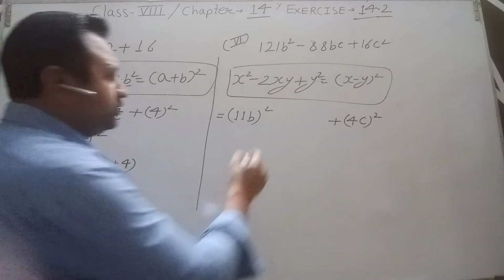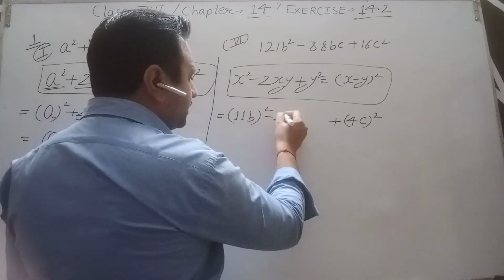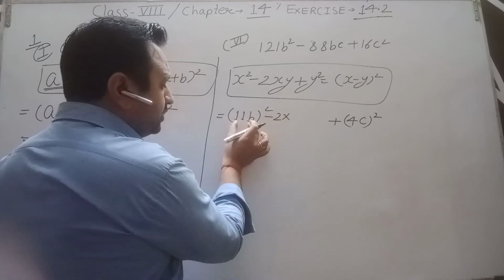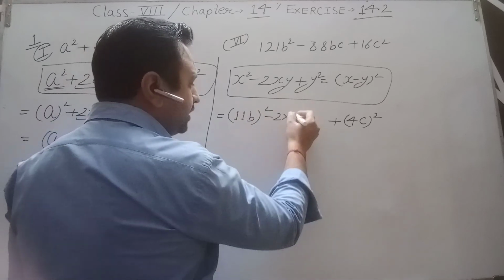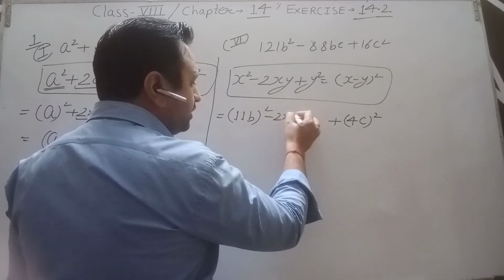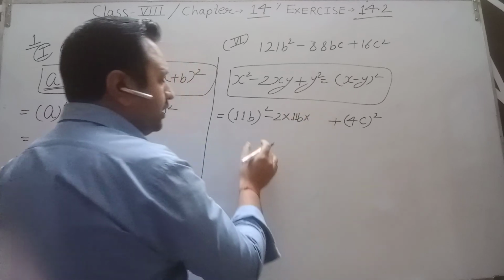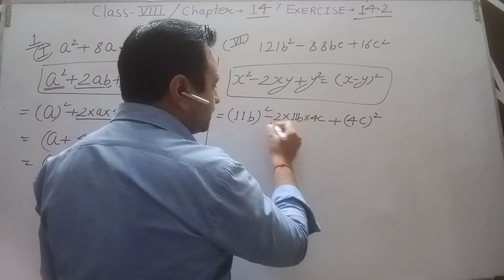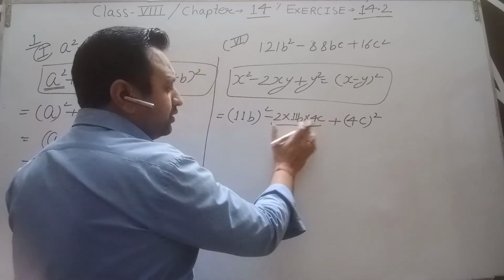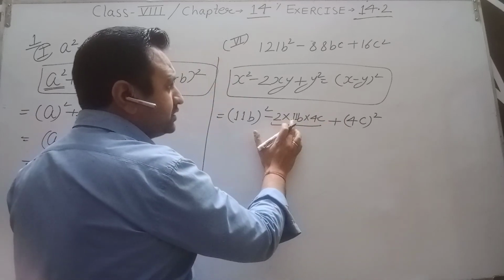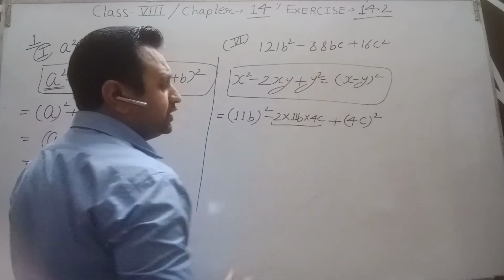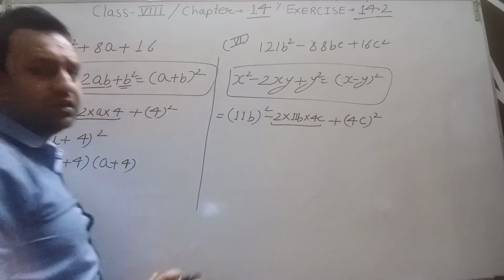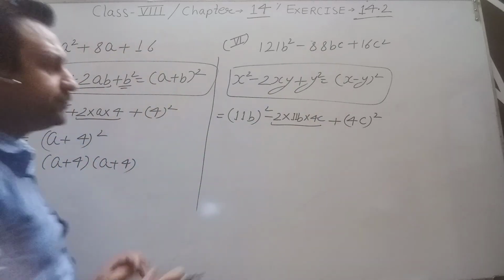We note down 2 multiply x, x means the term which we wrote first, 11b, and y means 4c. Now check it. Their multiplication, 4 twos are 8, 8 elevens are 88 and it is also 88bc. It means the identity can be used.